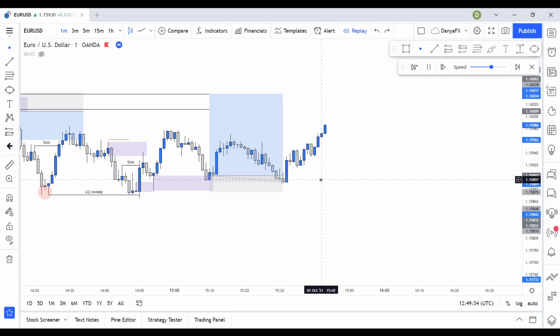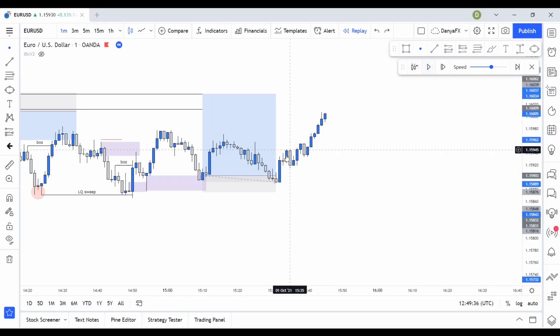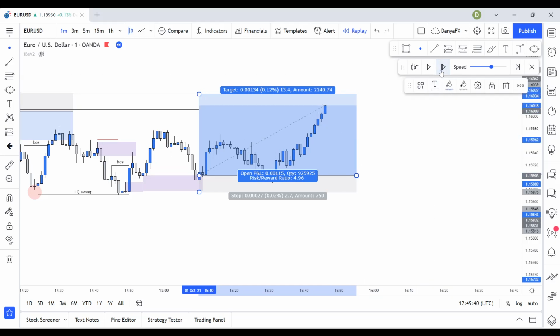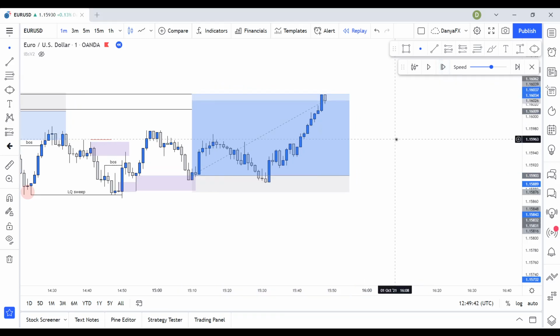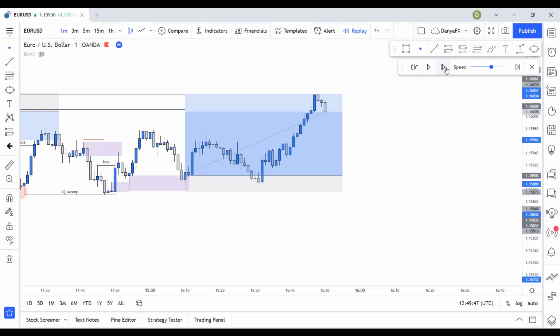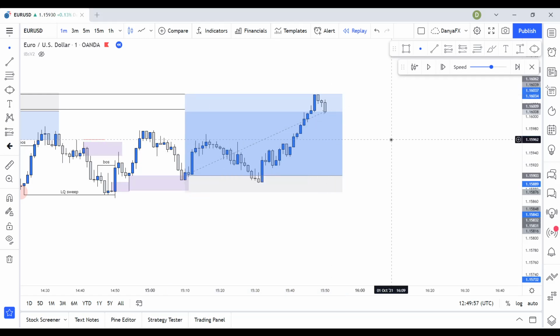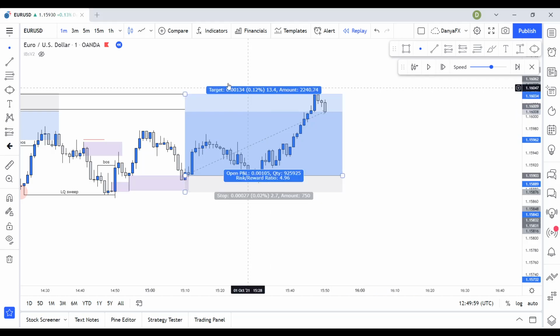Whatever. Let's play it out. And as you can see, we almost hit our take profit. I mean, this situation can happen, but it is almost a 1 to 5 trade.